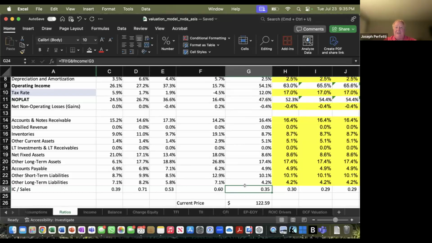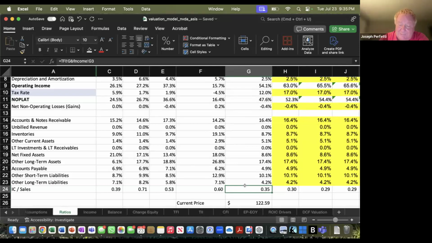Because all of these ratios are a percentage of sales, the balance sheet automatically grows as the revenue grows. That's the second reason why everything's a percentage of sales: it grows the balance sheet with revenue automatically at these common ratios.